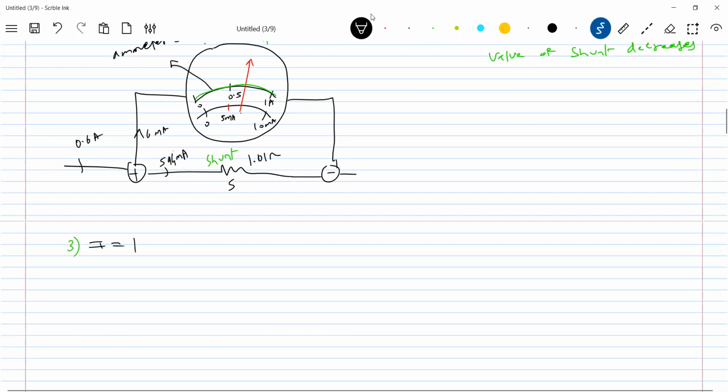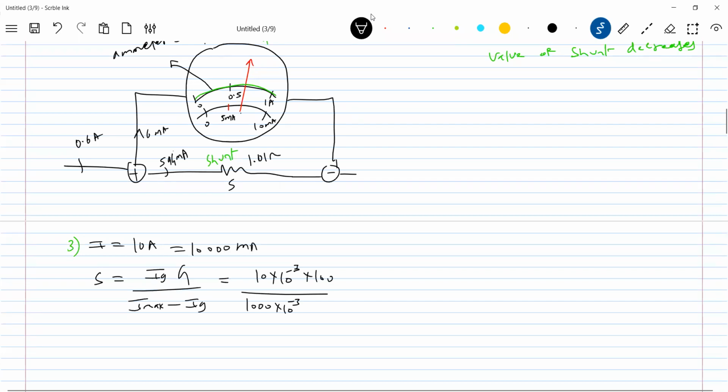So I is equal to how much? 10 ampere. 10 ampere means it will become 10,000 milliampere. So the value of shunt required will be Ig times G divided by (range minus Ig). So this will be 10 into 10 to the power of minus 3, over 10,000 milliampere minus 10 into 10 to the power of minus 3.